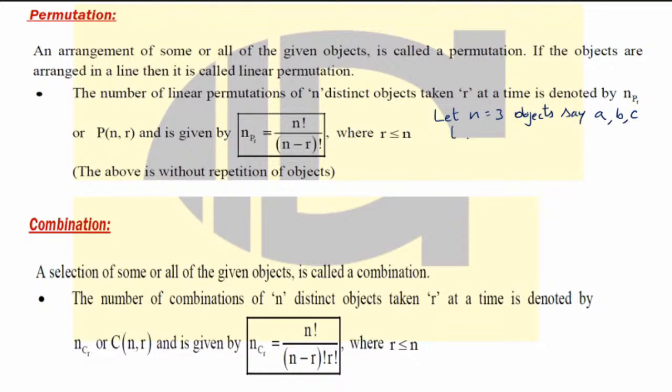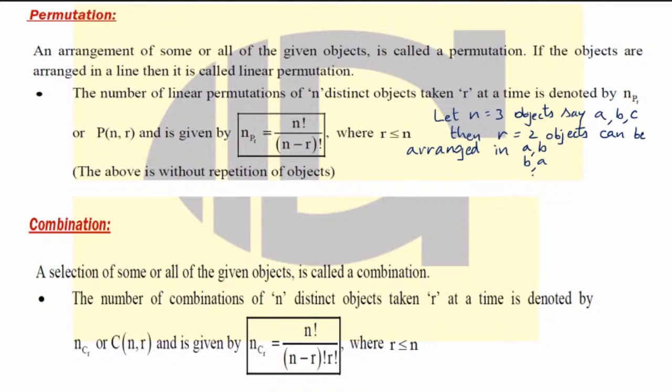Then r is equal to two objects. So I am taking r value 2. Two objects can be arranged as A, B; or B, A. Arrangement means the order of the arrangement is considered.